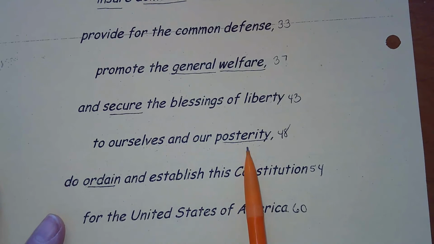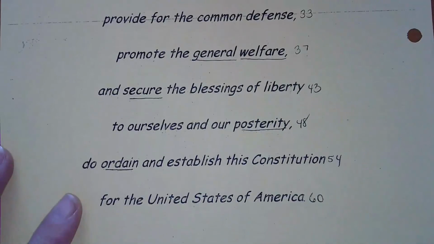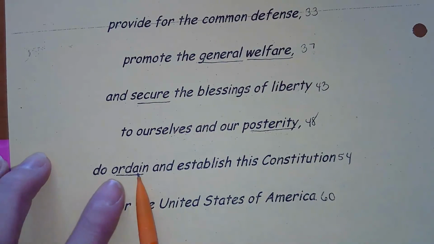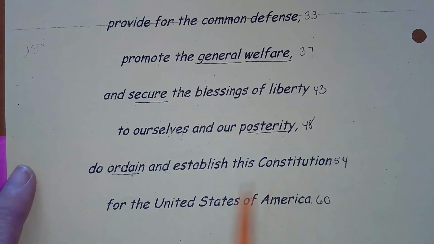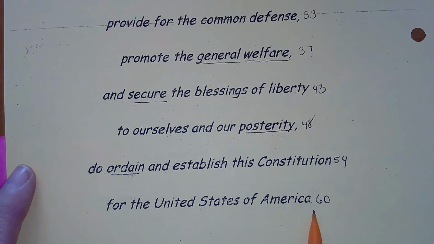They wanted to make sure it lasted and worked well for their children and their children's children. In order to do all of this, they decided to ordain. That just means make it so. And establish. Set it up so that it will last a long time. This Constitution for the United States of America.